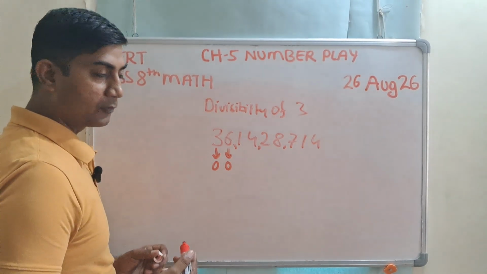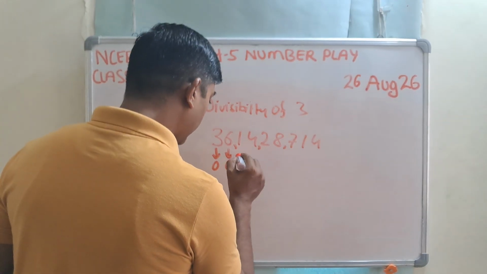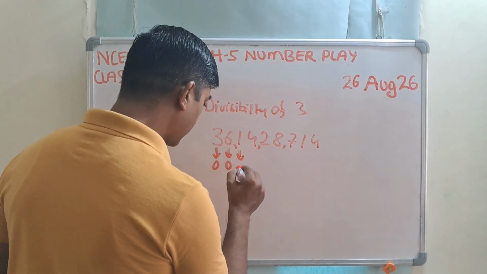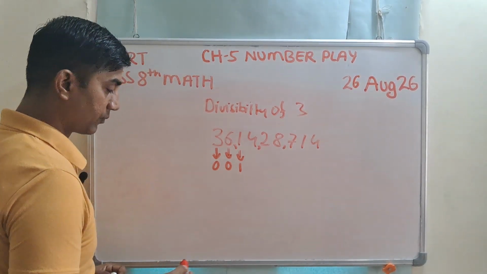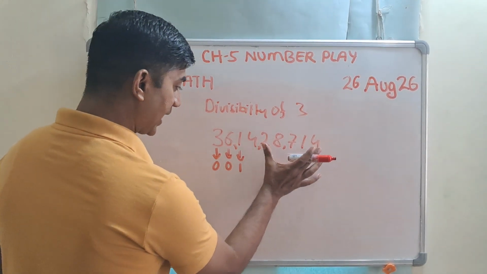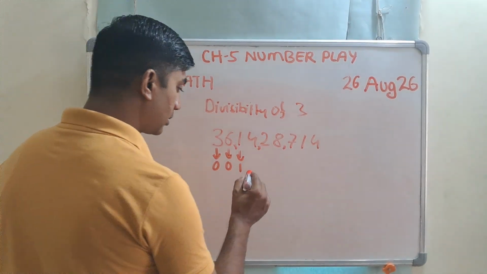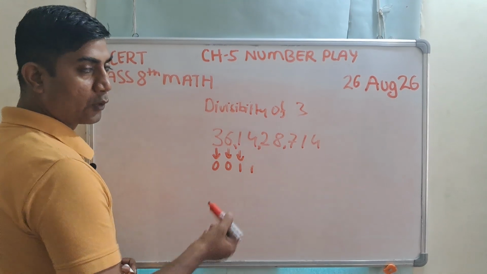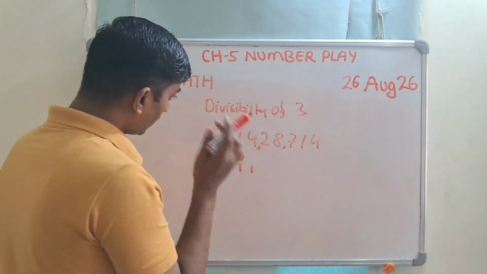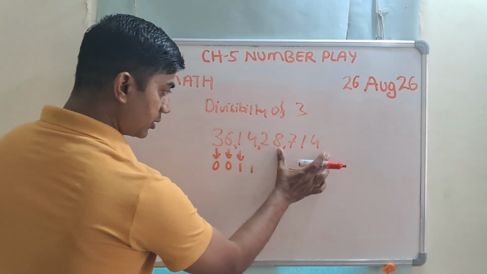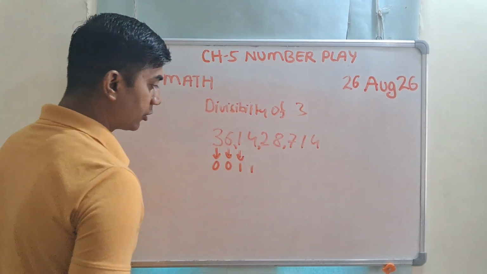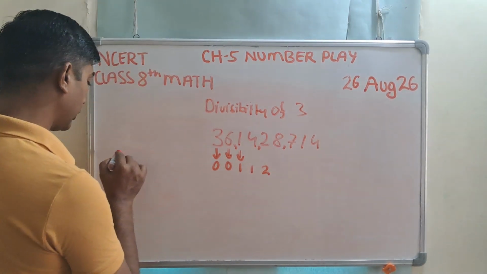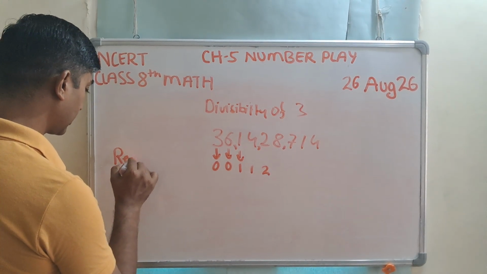In case of 10 lakh, when you divide by 3, your remainder is 1. When you divide this 4 lakh, what is your remainder? 1, because the remainder of 4 is 1. In case of 2, that is your 20,000, your remainder is 2. Understood? These are the remainders we are writing.